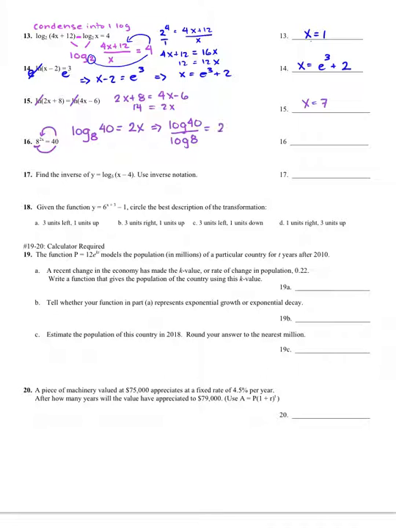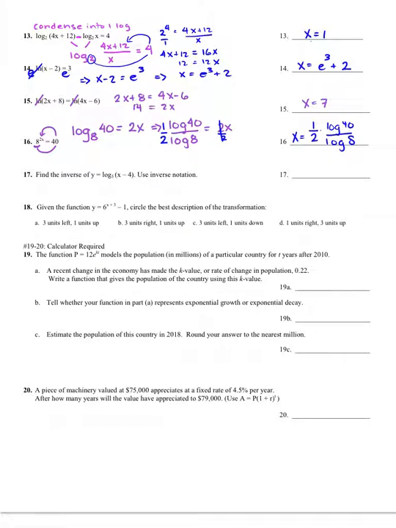That equals 2x, and since we're trying to solve or isolate x, we're going to divide both sides by 2, or you can think of it as multiplying by half. And as far as I'm concerned, just leave your answer like that. So 1/2 times log 40 over log 8. And that would be an exact answer.